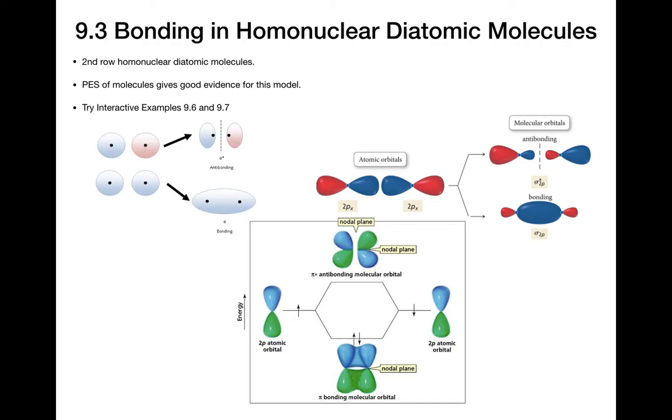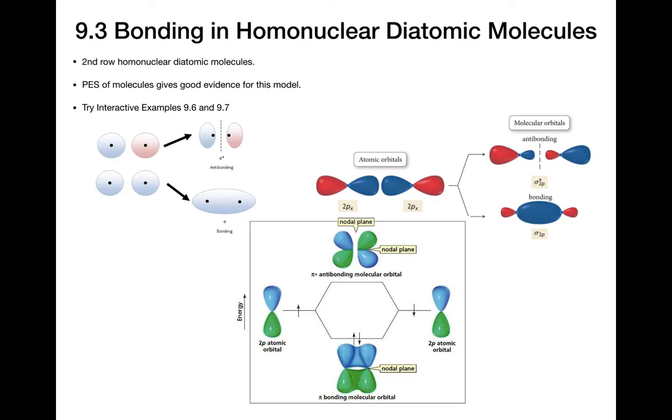Our p orbitals actually overlap two different ways. The px's would overlap end to end because they would both be pointing horizontally. In that case, you're going to get constructive interference, and you'll get what we call a sigma 2p, and that's shown in the bottom right where we have a lot of blue there with the sigma 2p, that's bonding electron density, pulling the two nuclei together, lowering the energy.